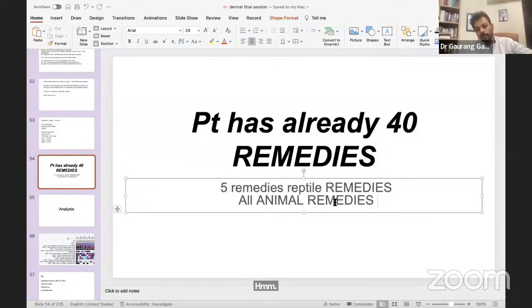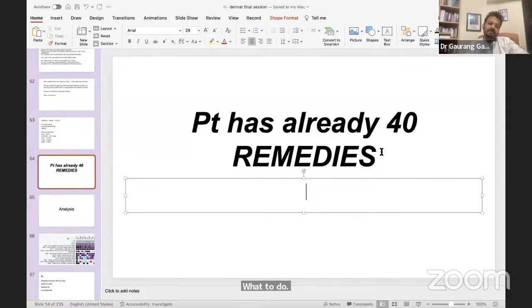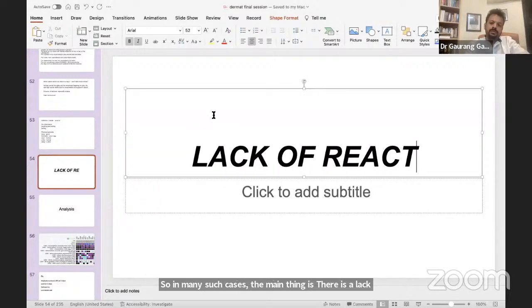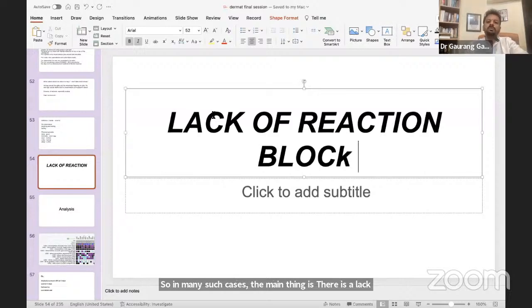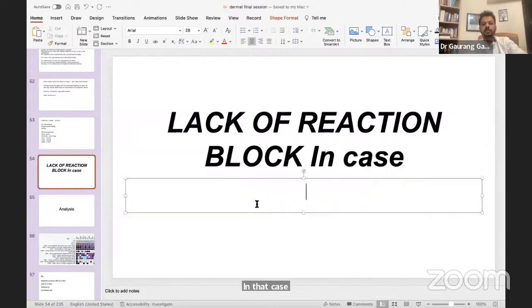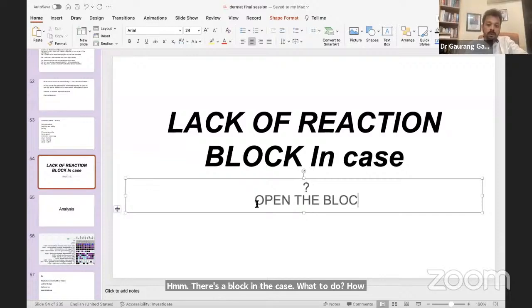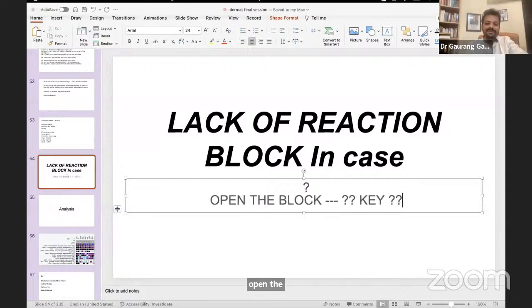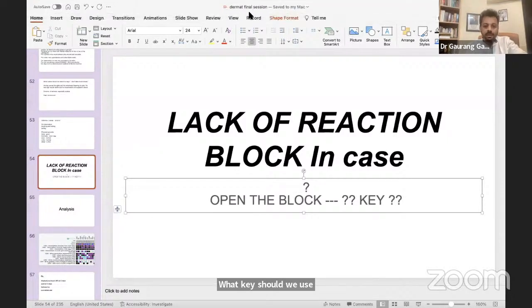What to do? In many such cases, the main thing is there is a lack of reaction. There's a block in the case. What to do? How to open the block? What key should we use? Let's see, any thoughts?